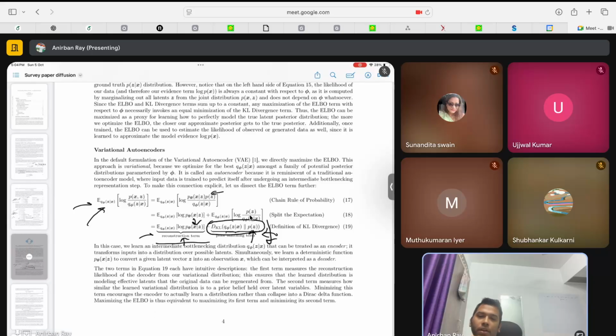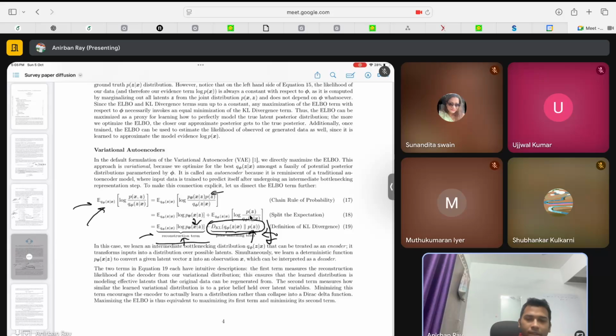Prior matching means matching the true priors. One is q_phi(z|x), and another is p(z). So p(z) we're trying to learn, and q_phi(z|x) is like the substitute for p(z).